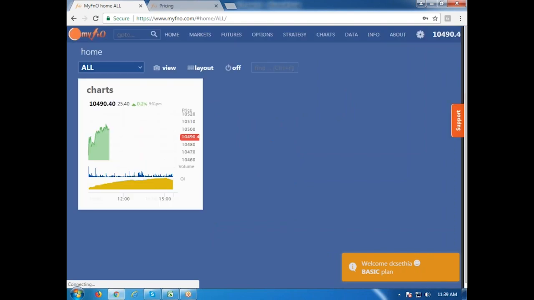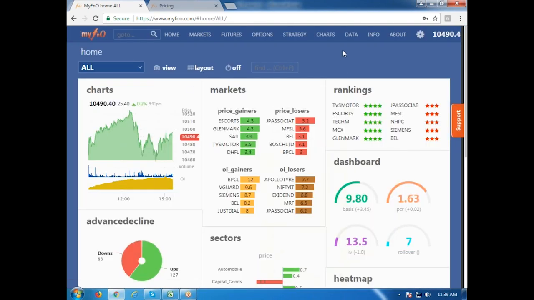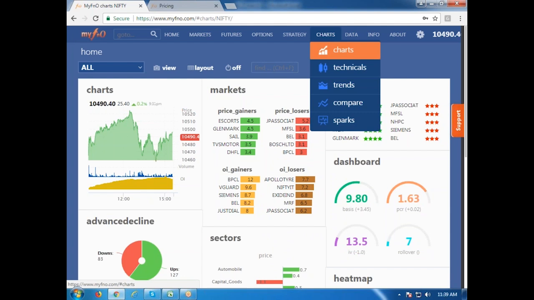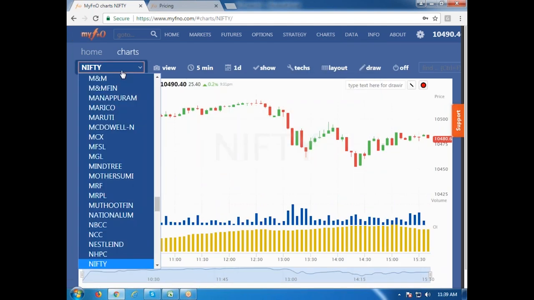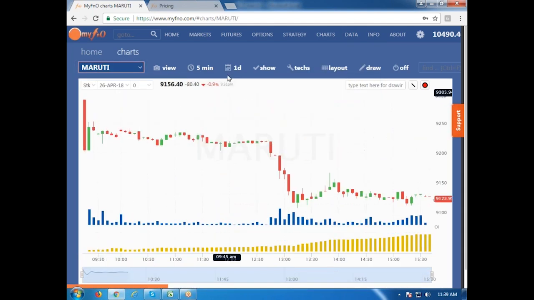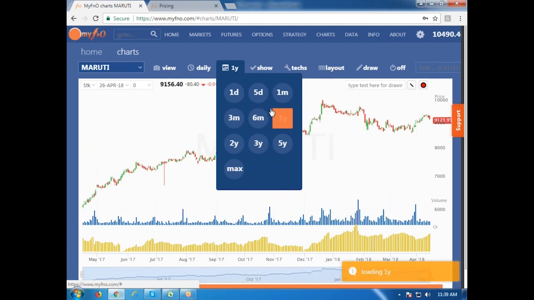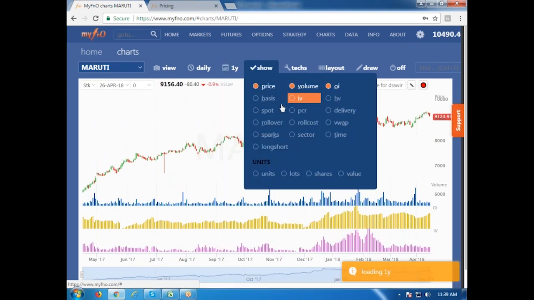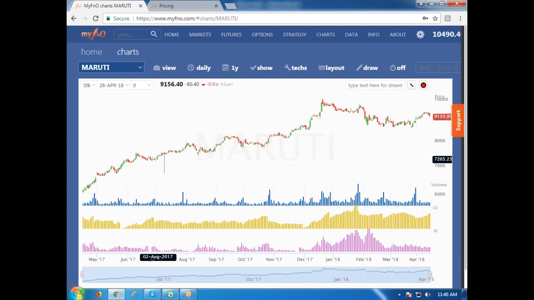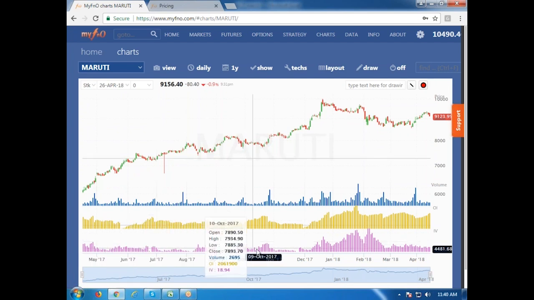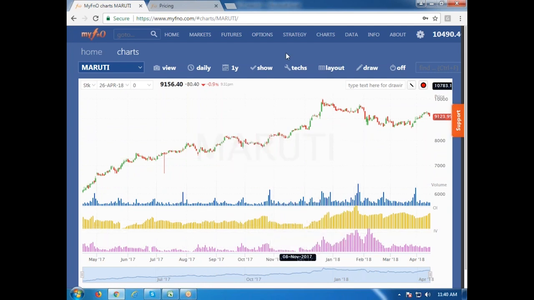So what does it do? If I want to check the historical volatility for anyone, not the scanning part but a specific stock, I can go to charts, put the chart there, and let's say I click on Maruti and do a 1 year chart and show me the IV, and the IVs will be there. And you find when in 1 year the IVs have risen and when they have fallen. Find the dates of their results, and you know the drill now.